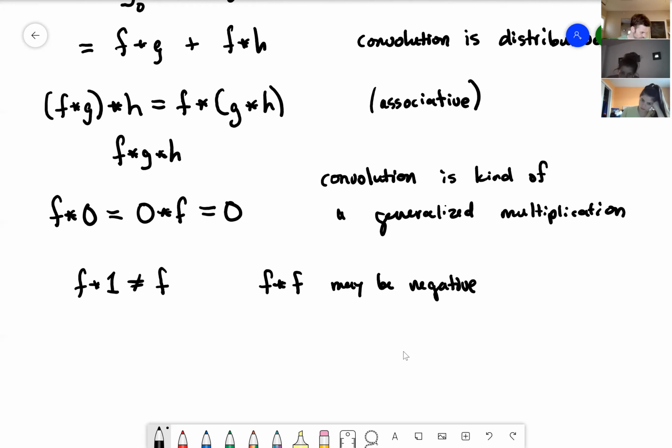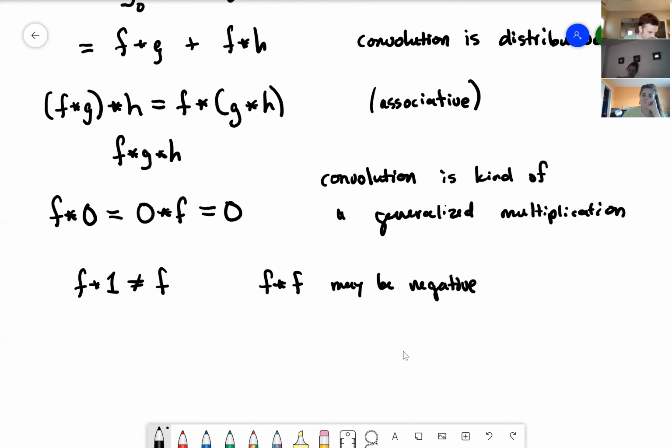Squaring a real number always gives you a non-negative. So convolution has this really interesting behavior that it's very closely related to multiplication. It's kind of a pseudo multiplication. It comes very close to having the properties of multiplication without actually being multiplication. So that's an interesting property.